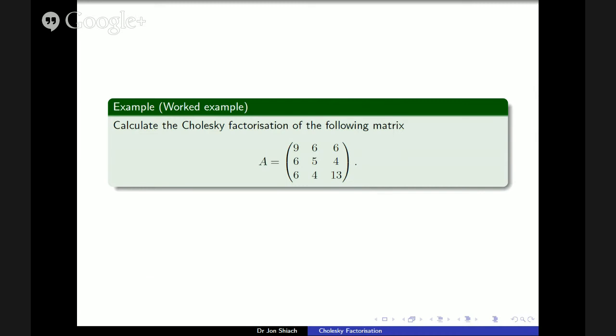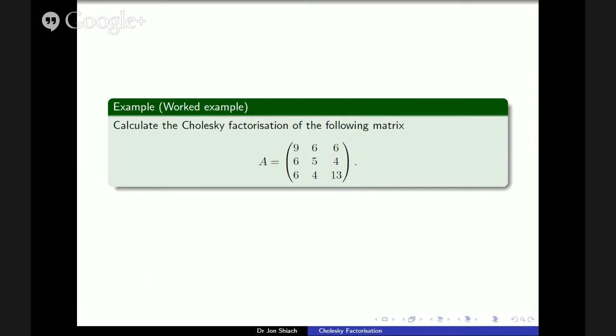If you want to check it, calculate L times L transpose. So if you want to check it, just transpose L, multiply L by L transpose.